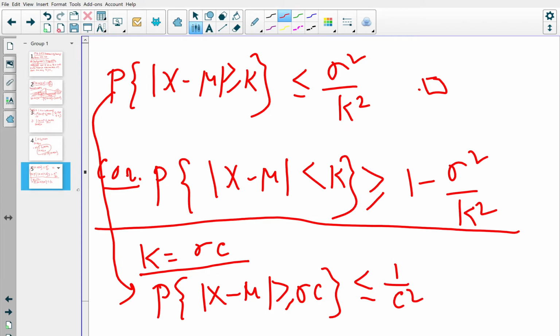There are different versions also, and you can study this from a measure theory point of view, but because this is the first undergraduate course, we will give this simple proof. So this is one proof.